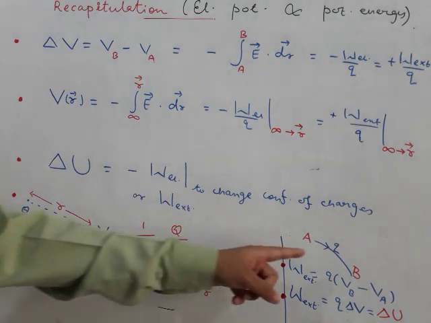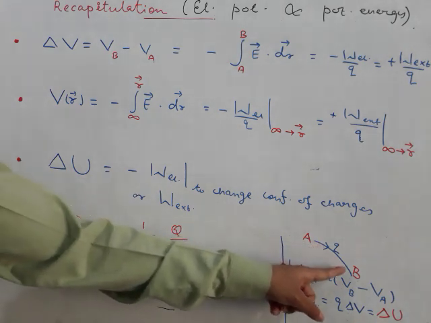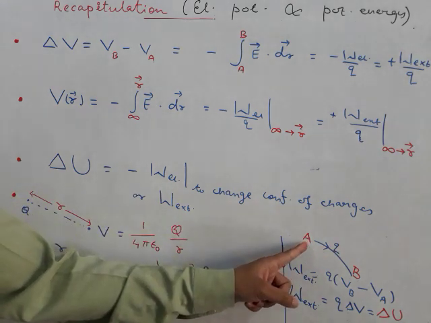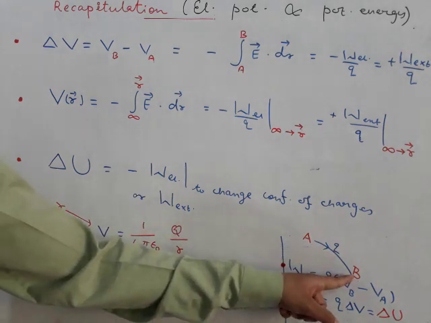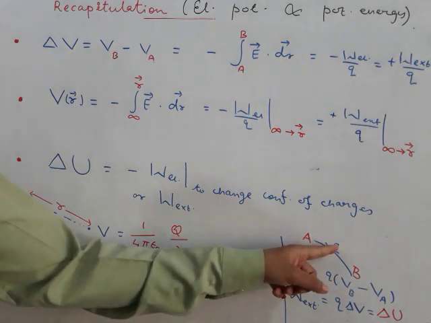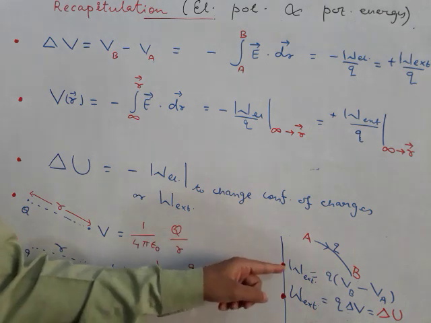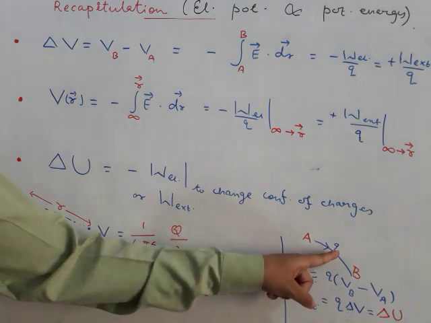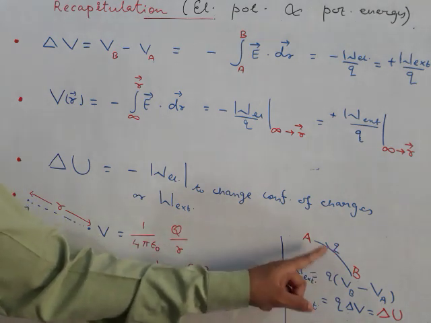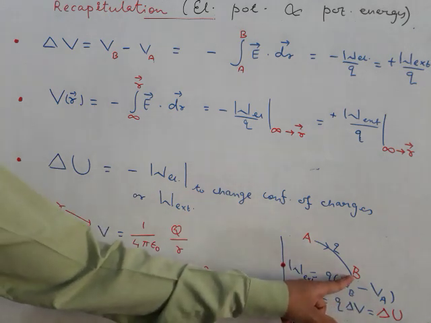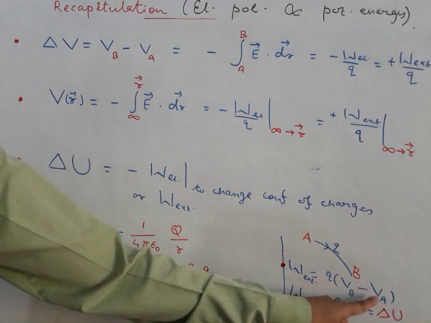One more thing we have discussed, that if there are 2 points, say A and B, and a point charge Q is taken from first point A to the second point B, then in taking this charge from one point to the other, the external work that needs to be done is equal to the product of that charge Q times the potential difference between these 2 points. The final point was B, so we have written VB minus VA.